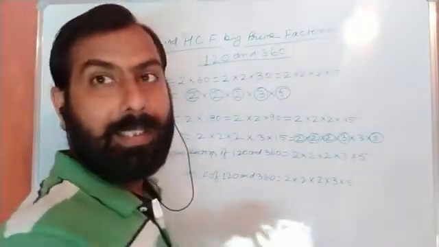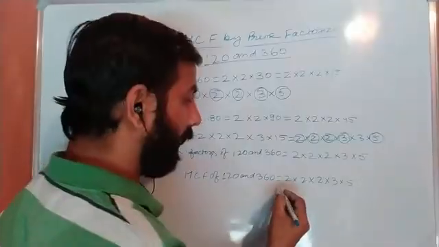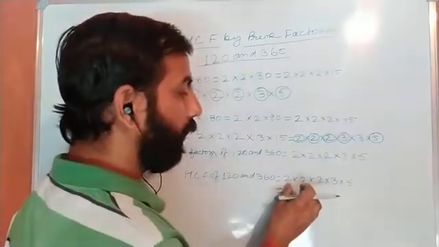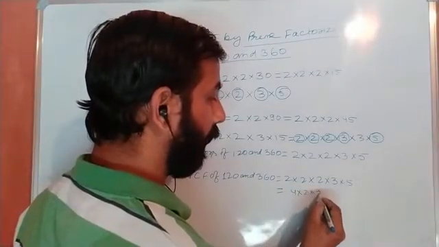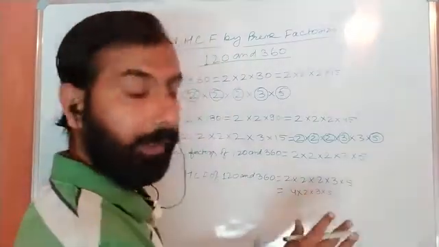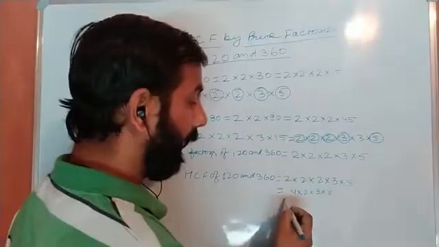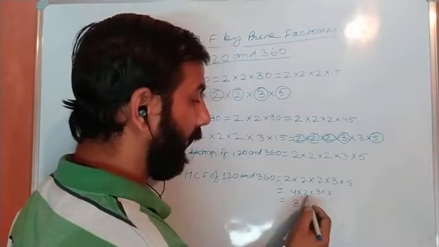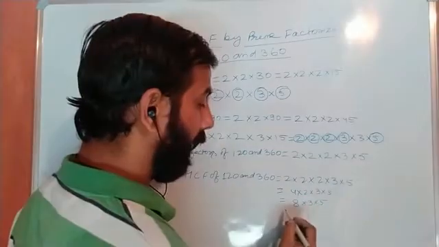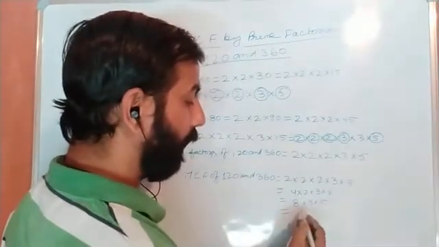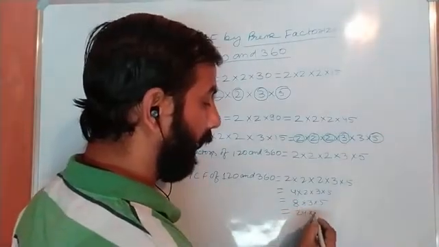Now to make the multiplication easy, we can multiply 2 into 2 into 2, that is 4 into 2, into 3 into 5. Now 4 into 2 is 8. 8 will continue with 3 into 5. Now 8 times 3 is 24, into 5.